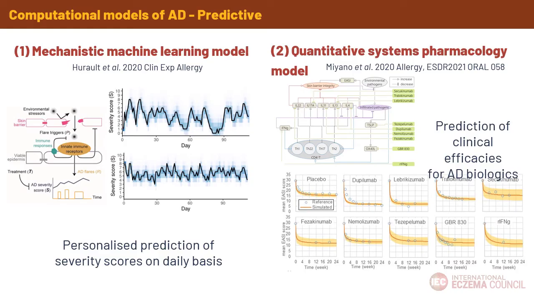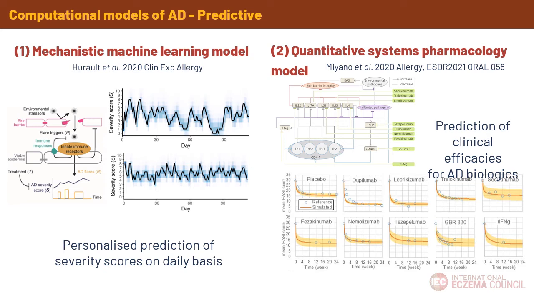The first one is a mechanistic machine learning model whose structure was inspired by the multi-scale mechanistic model. The model was developed based on clinical trial data and can make prediction of severity scores on a daily basis for individual AD patient.